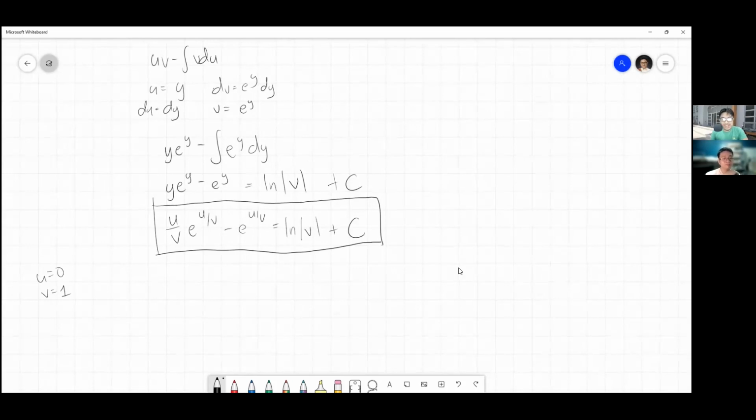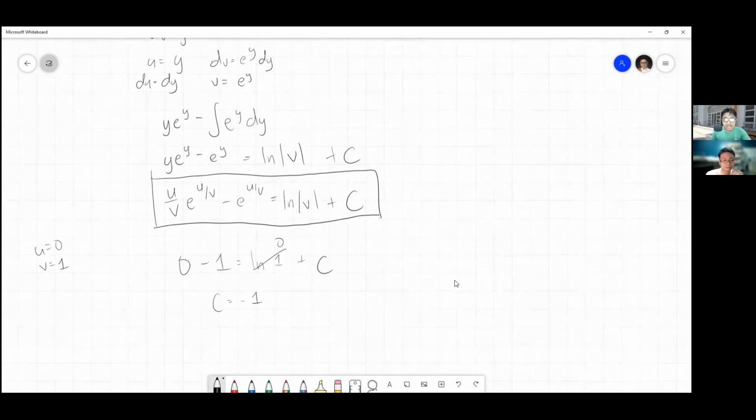So, dali lang naman yan. I-substitute back natin. So, u over v, so that is 0 divided by 1. That would become 0. E to the 0, that is 1. And then equals ln of 1. ln of 1 is 0. Then C. So C natin is equal to -1.